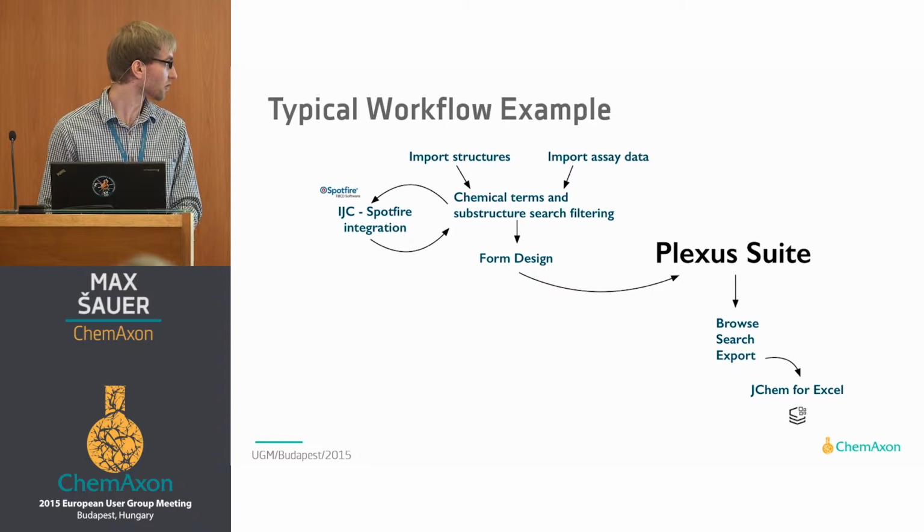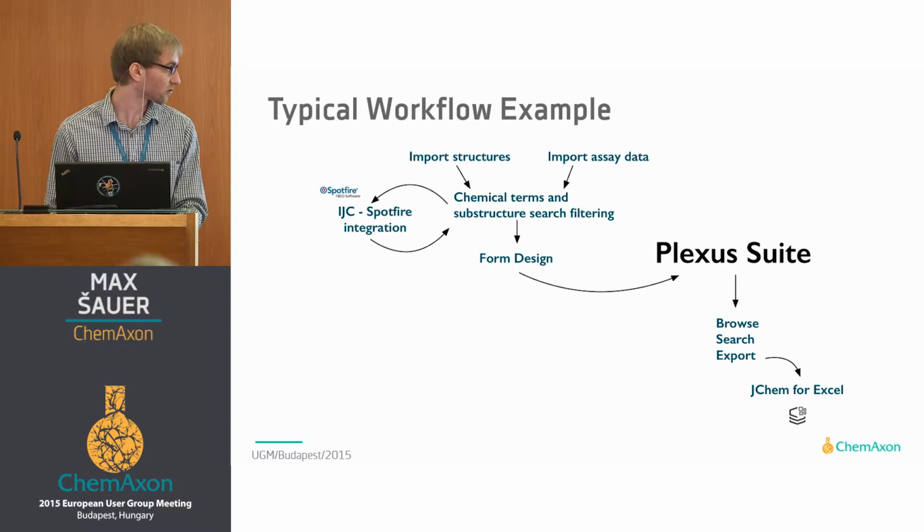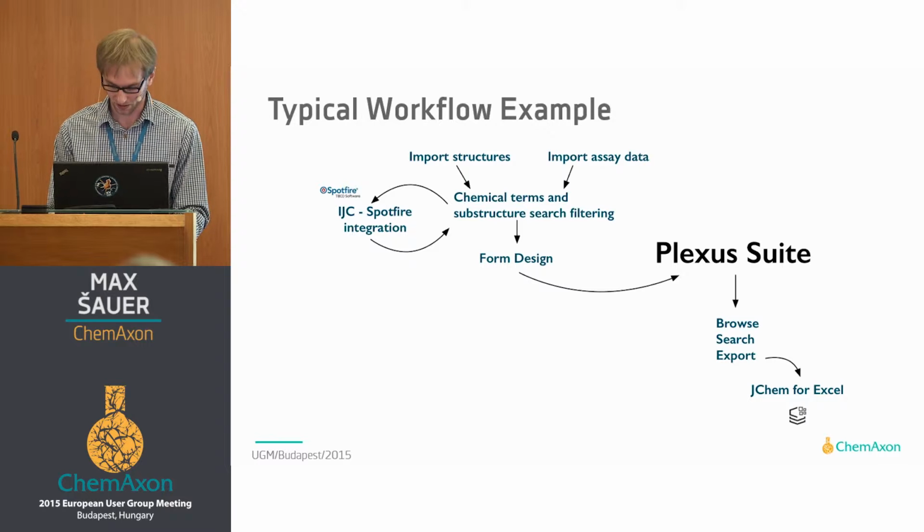You can also use your Spotfire integration to do some data mining in Spotfire. Later, once you have it all done, you can display our forms using a thin client in our brand new intuitive Plexus Suite product, where you can browse them, search the data, and finally do some reporting and export it to Excel or JChem for Excel.